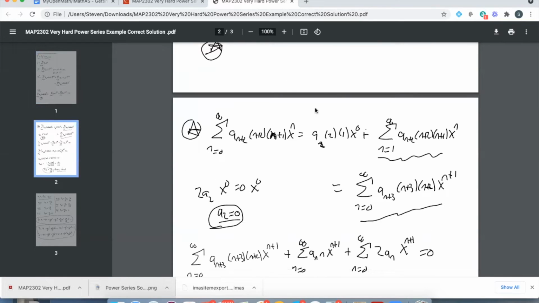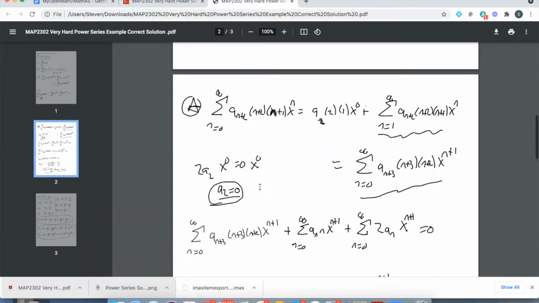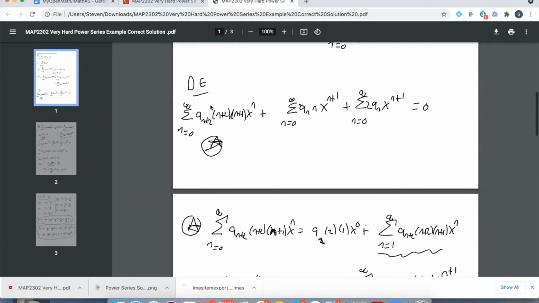So this junk right here, then, the x to the 0 I get on the left side must be 0 x to the 0 on the right. From that, I can solve for a sub 2 and get a2 equals 0. Okay, so what did I do there? I took care of this n equals 0 term in this guy. I don't have to worry about that anymore.